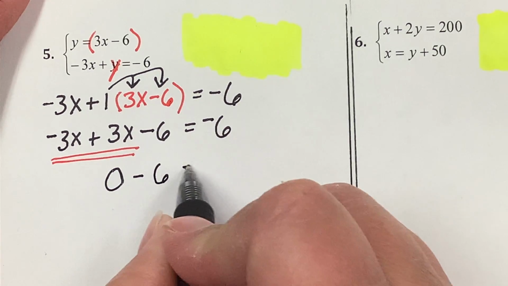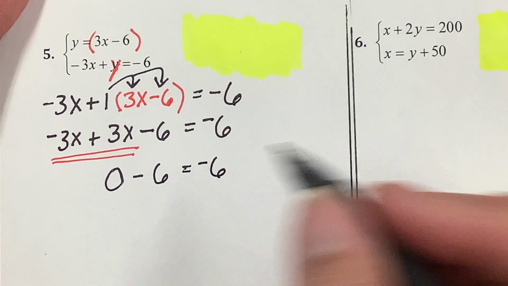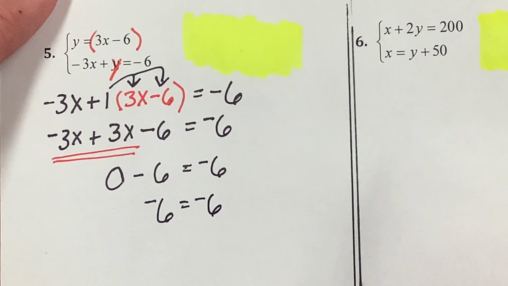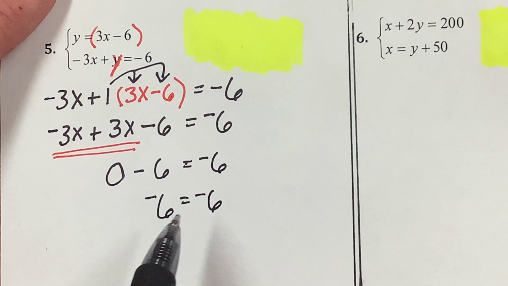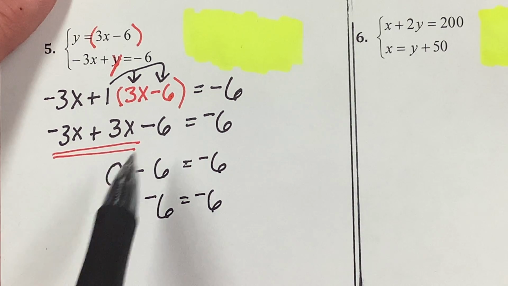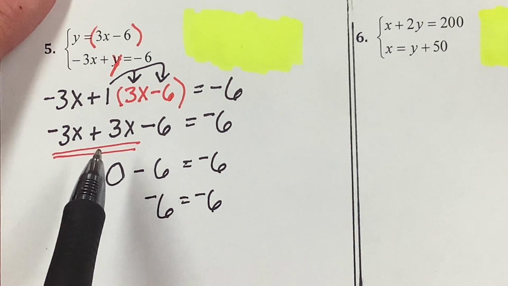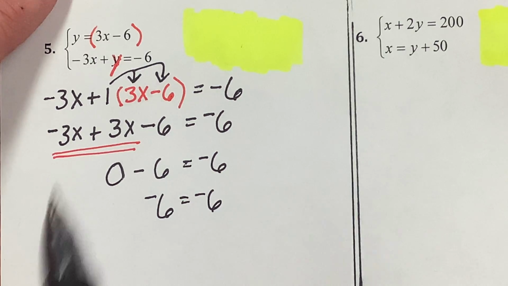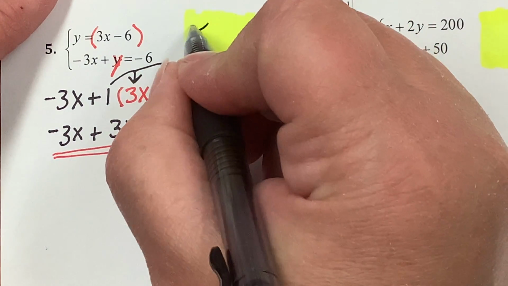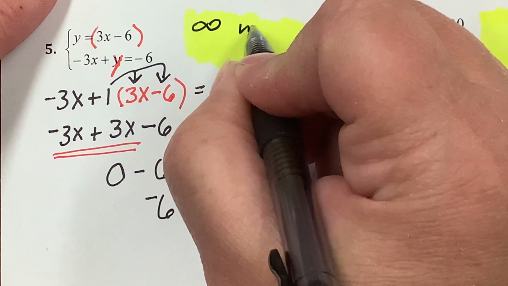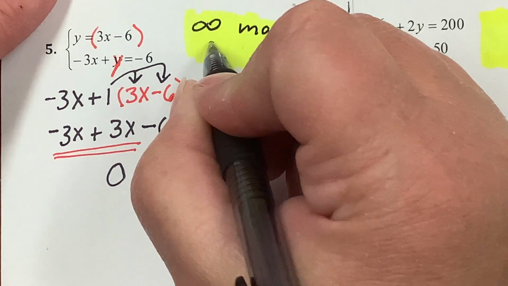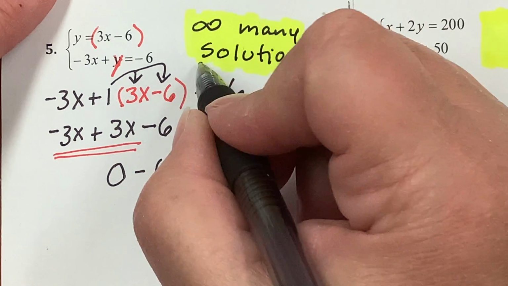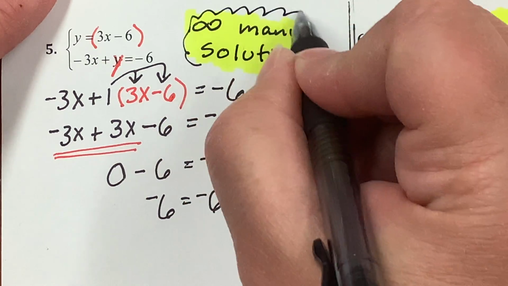Minus 6 equals negative 6. 0 minus 6 is negative 6. That equals negative 6. And remember, when they're equal to each other, that means no matter what number I put in for x, there will be a corresponding y, and there will be infinitely many solutions. So let's write that. Infinitely many solutions. You guys know me. I want a puffy cloud of happiness around my infinitely many solutions.